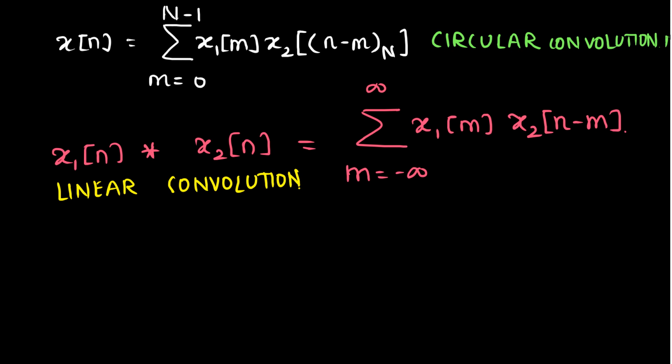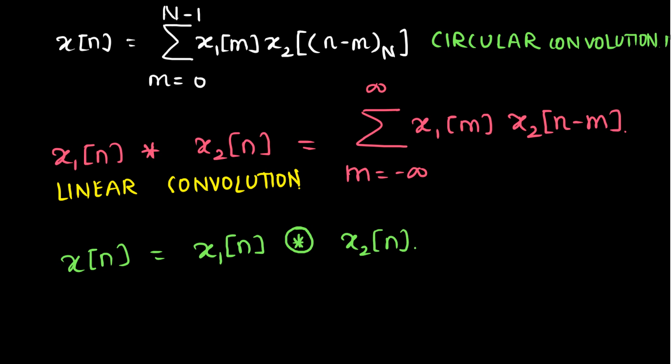Therefore, this expression, that is x of n, is circular convolution, and it is given as x1 of n circularly convolved with x2 of n. So this is the symbol for circular convolution.